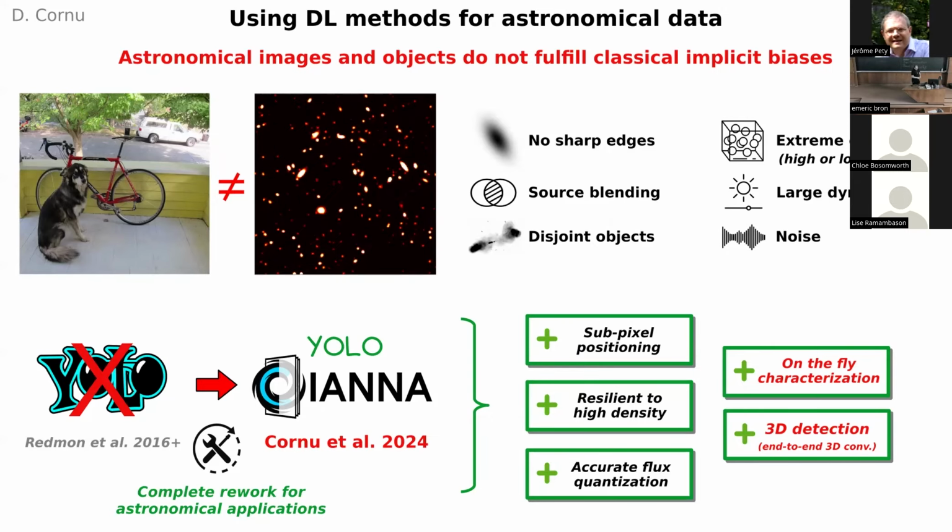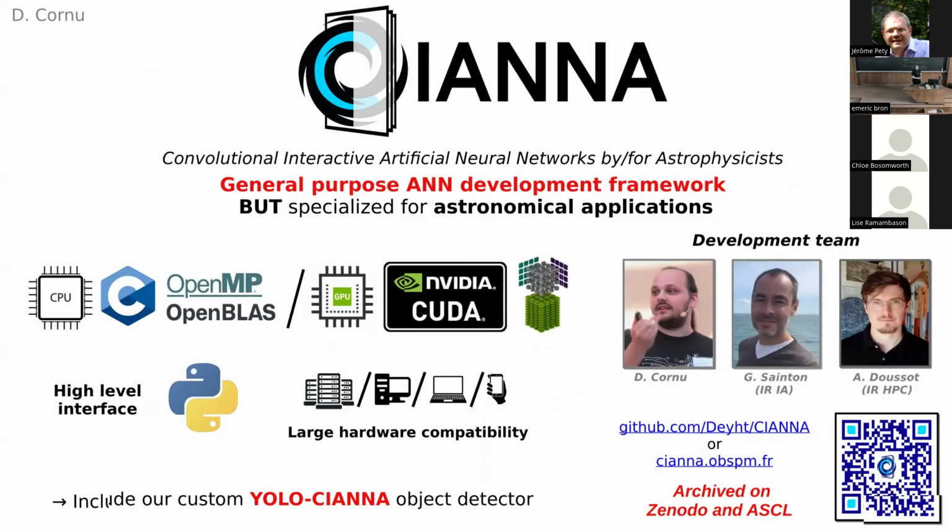So you can see that the method is named YOLO-CIANNA. It's because it's implemented in a wider framework that is called CIANNA. So it's basically our own version of TensorFlow or PyTorch that I've been developing since a few years. It's a deep learning development framework, so you can train and deploy a variety of artificial neural network architectures with this tool.